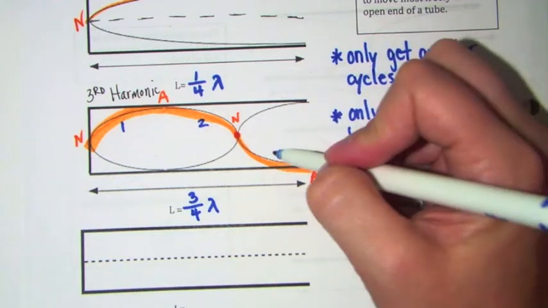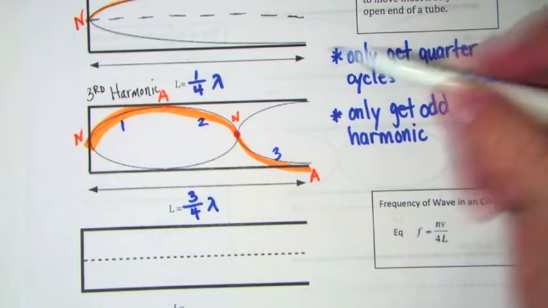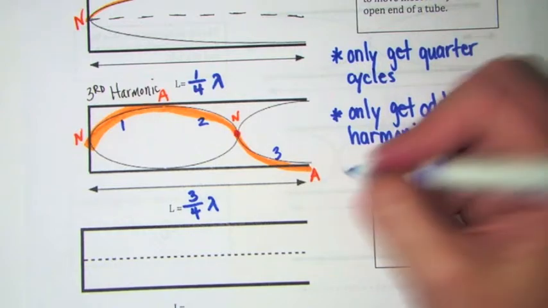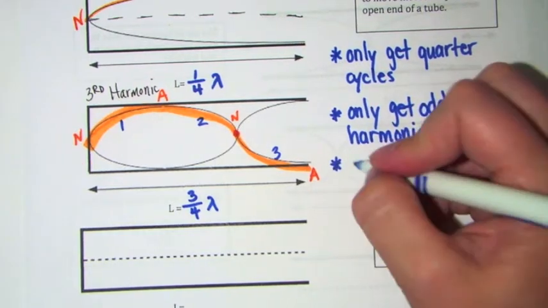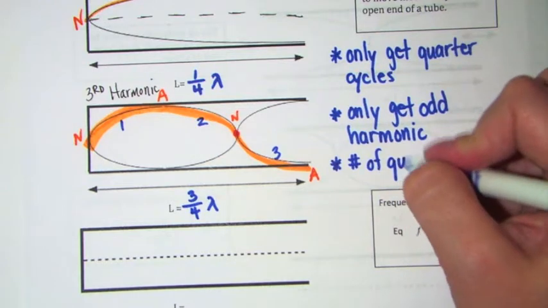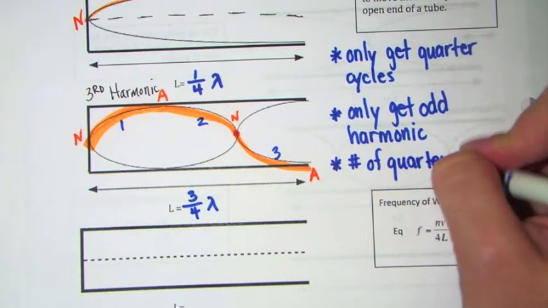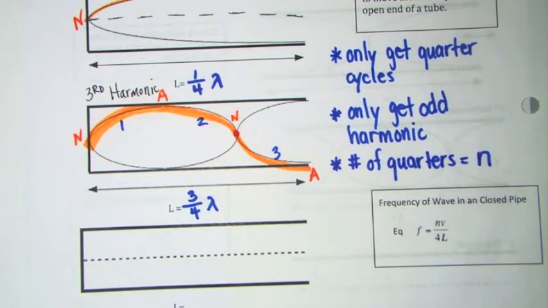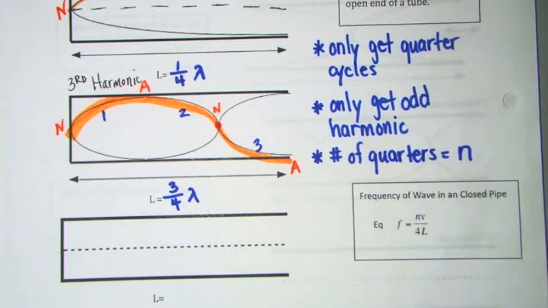Node to antinode, that's 3 quarter cycles. So if I count the number of quarter cycles, what harmonic is that? It's 1, 2, 3, third harmonic. Okay? So the number of quarter cycles is your harmonic number, or n.